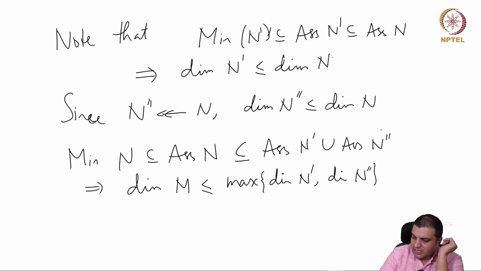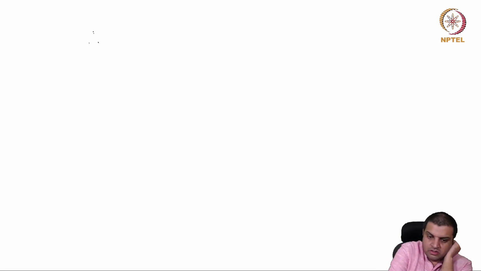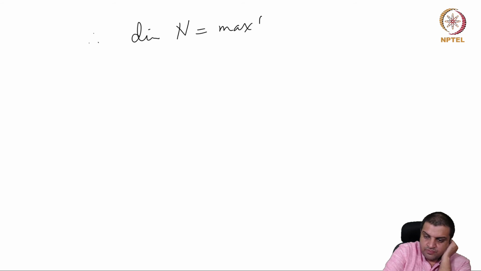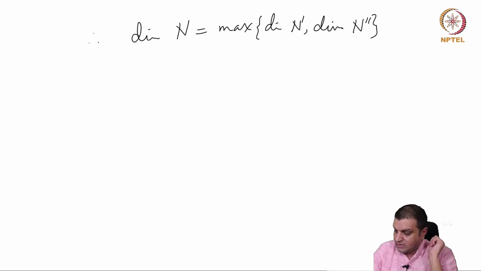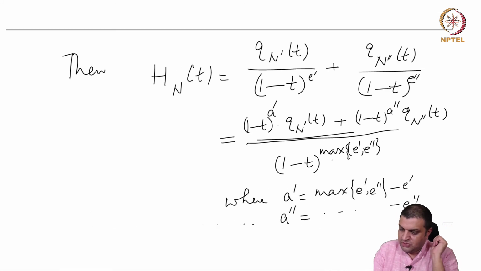So in other words, our conclusion is that dimension of N is the max of dimension of N prime and dimension of N double prime. So we can actually use this thing here.